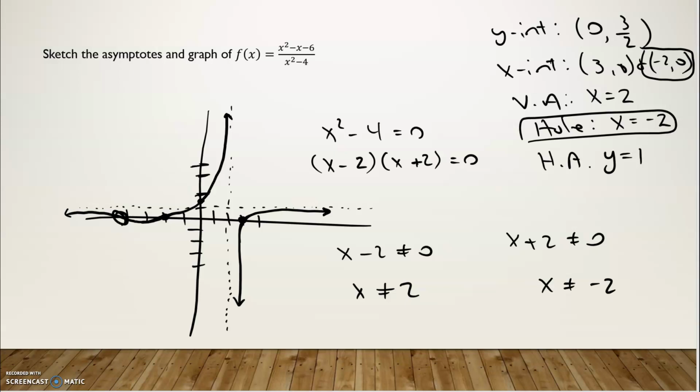So what we need to do is go back, take that back. Okay, so then what we have is this right here. And then at x equals -2, remember, we have a hole. So we're going to go to x equals -2 right there, hole, and then keep on going.